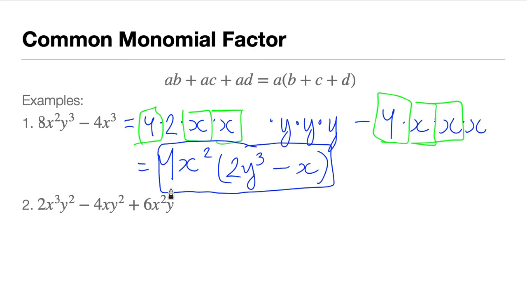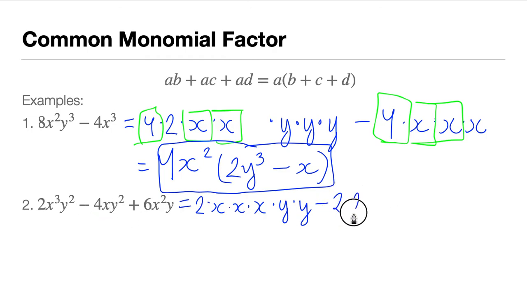One more example, let's have it here. Let's lay this down very clearly, like how we laid the last one. So let's write the 2x cubed: 2 times x times x times x times y, minus, shall we put 4 as 2 times 2?